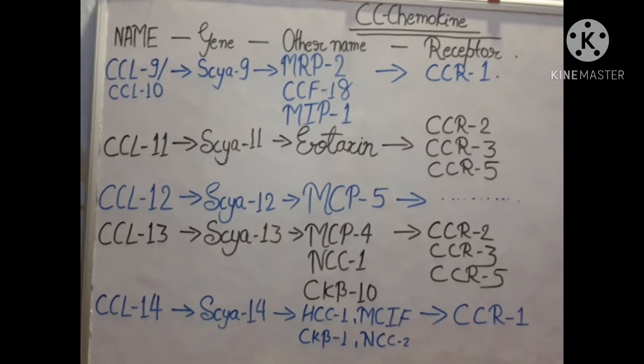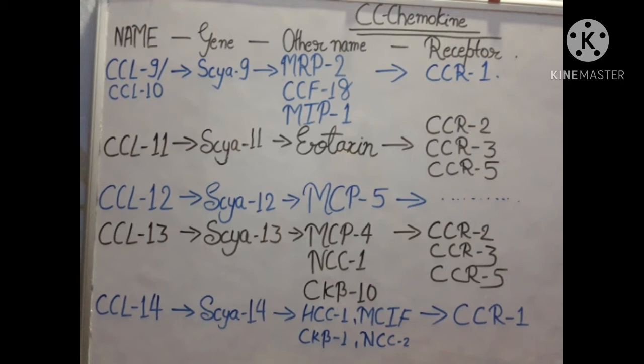CCL9 and CCL10 are almost the same, so both of them are encoded by the SCYA9 gene, and it is also known as MRP2, CCF18, MIP1, and its receptor is CCR1.